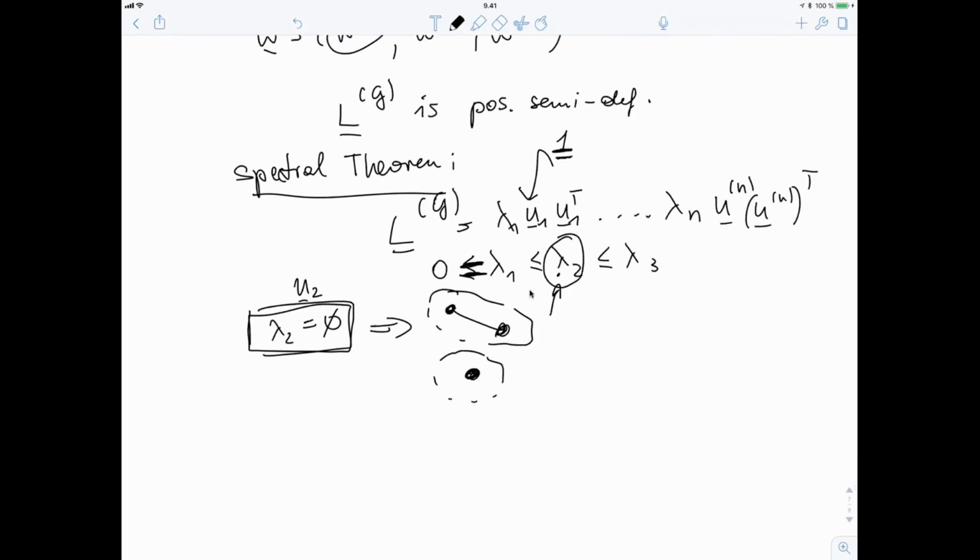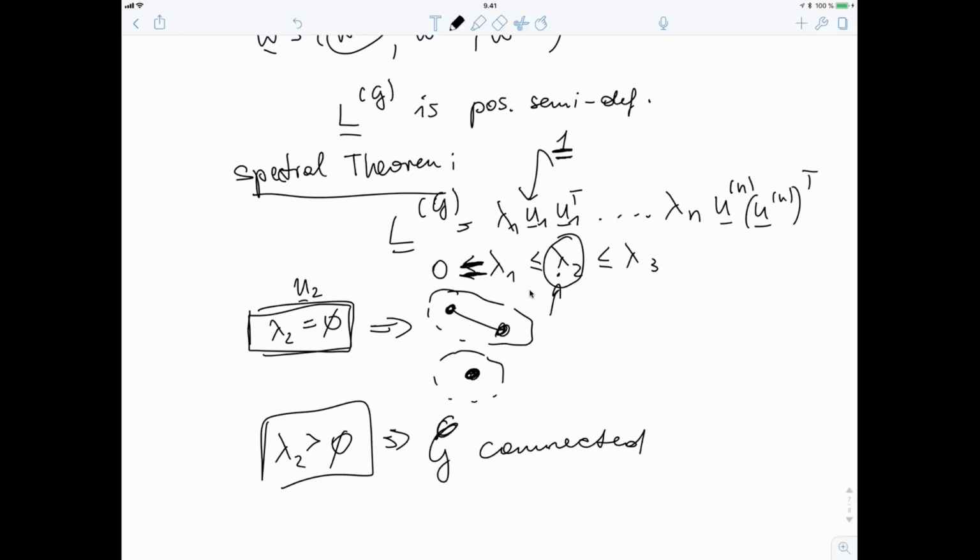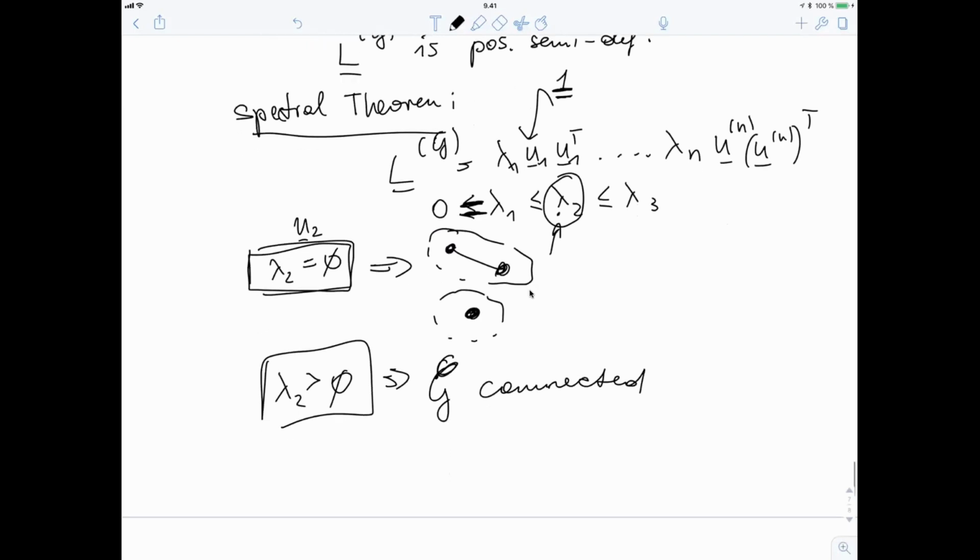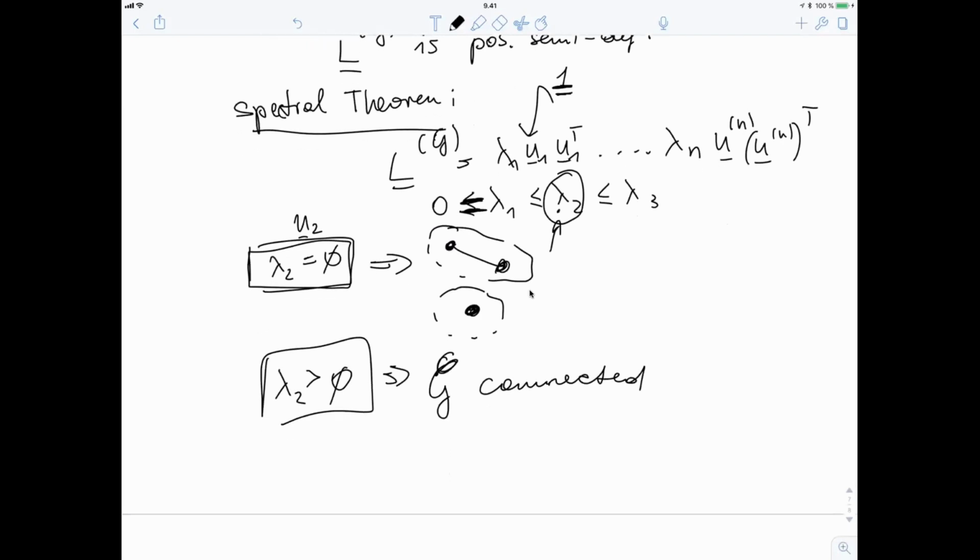Because our focus is on the case when lambda 2 is larger than 0, and this means the graph is connected. So we can find a path from each node to any other node. And moreover, it also measures the connectivity.